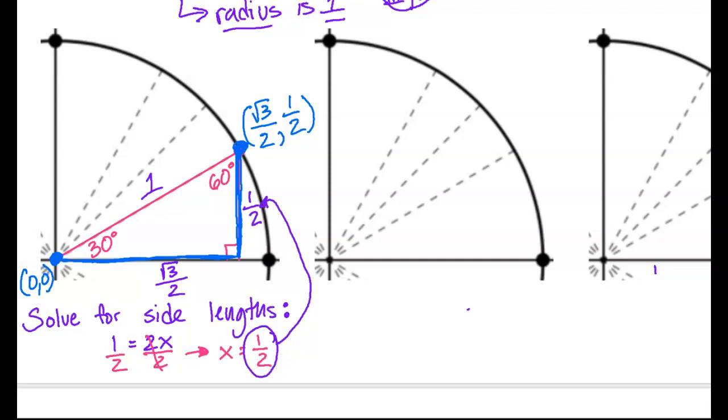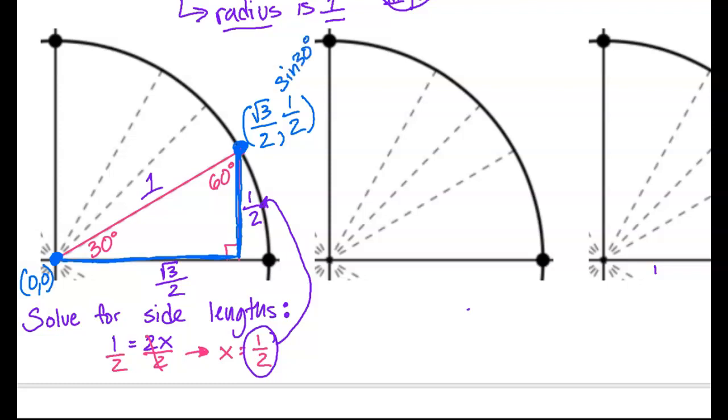Which is just 1/2. Our opposite side is 1/2. Our hypotenuse is 1. So 1/2 over 1 means that the sine of 30 is 1/2. Look, that's our y value.